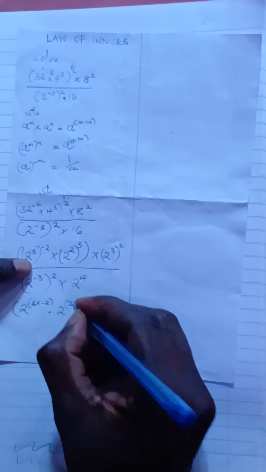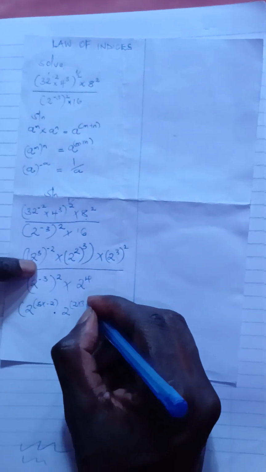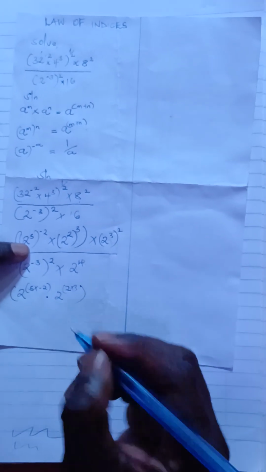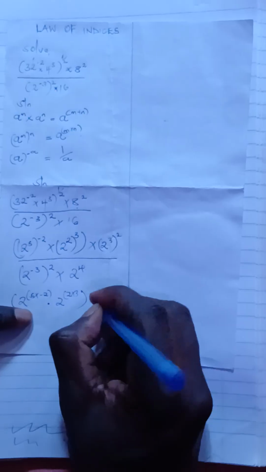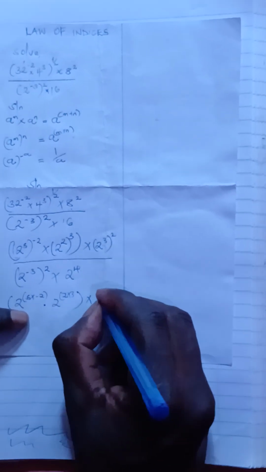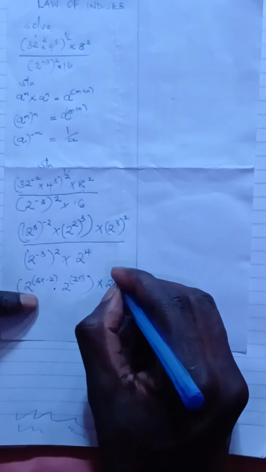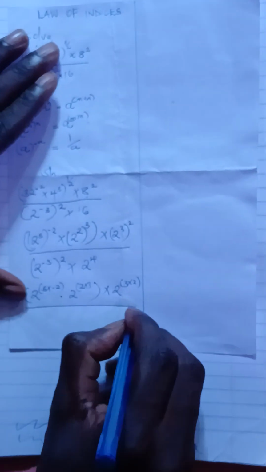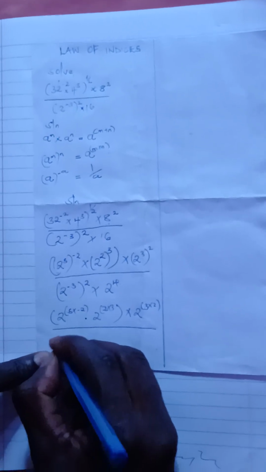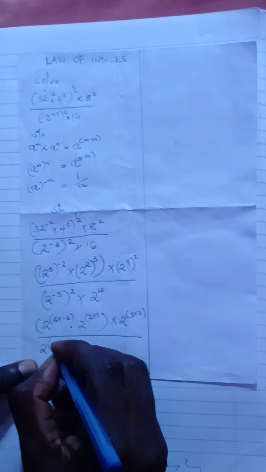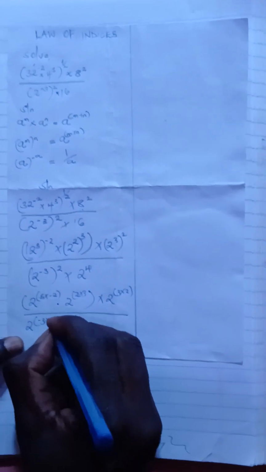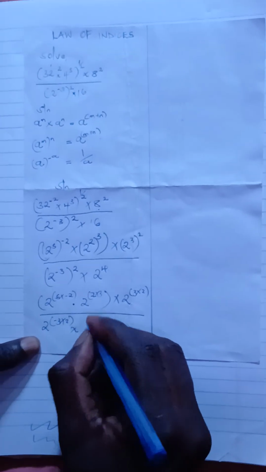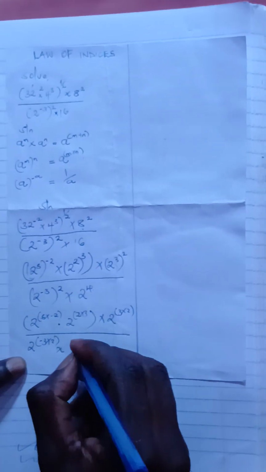Close the bracket, and then same to this one, we have 2 raised to 3 times 2, then the denominator will have 2, we multiply the power again, 3 times 2, and this one remains the same, of course it's already simplified.